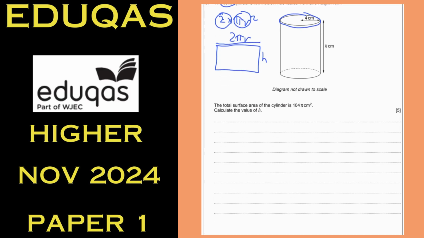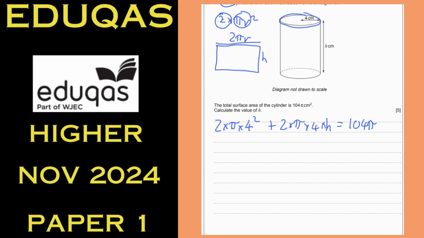So total surface area will be 2 lots of pi times the radius squared added to 2 times pi times the radius times the height, and that should equal 104 pi centimeters squared.